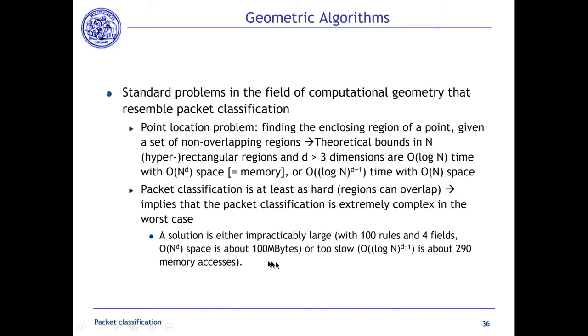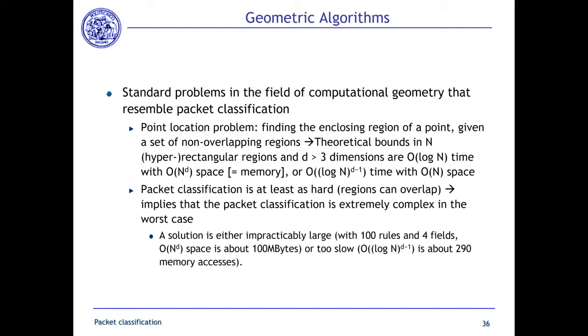For example, if you think about a classifier with 100 rules and 4 fields, a complexity of big O of n power d in space translates into a memory need which is more than 100 megabytes, and in time a complexity that is big O of log n power d minus 1 means an average amount of memory accesses which is around 300.